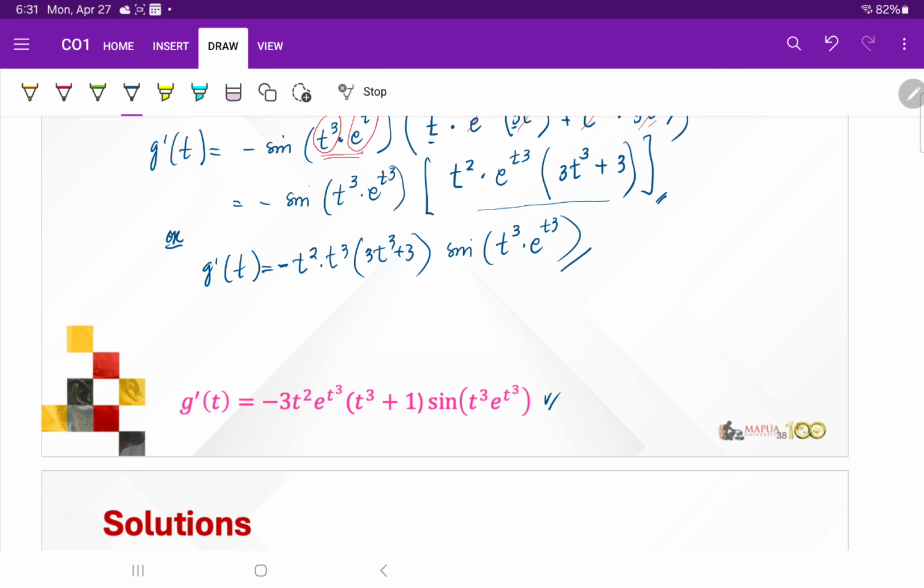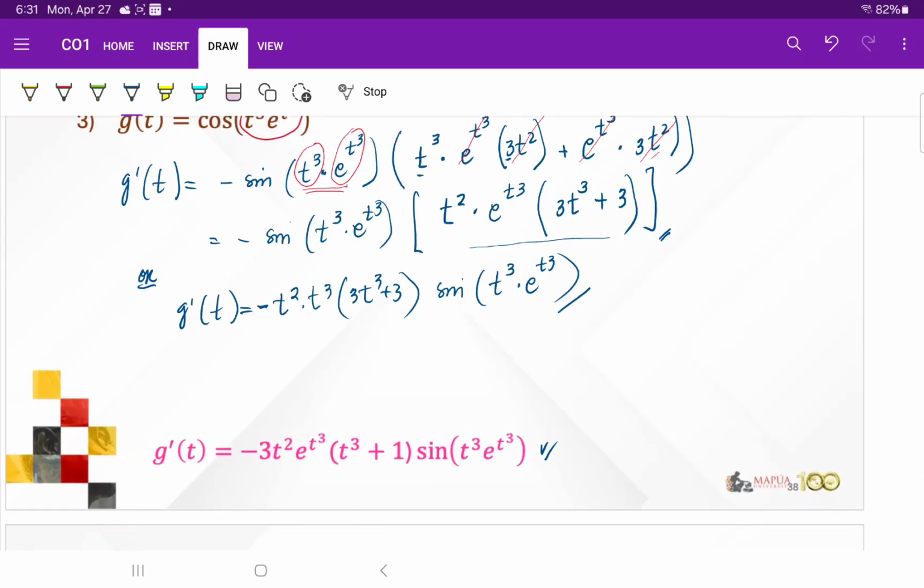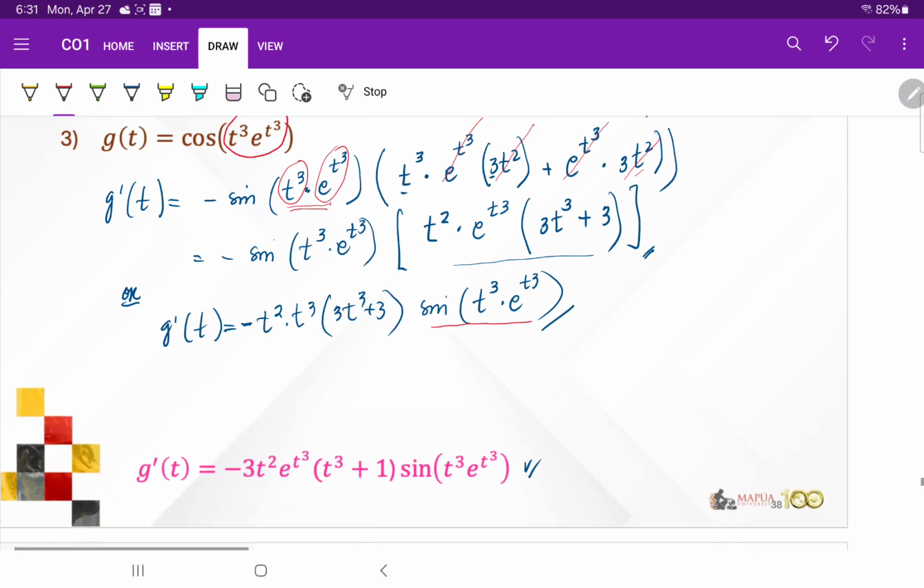How about here, 3t cubed, 3t squared, hold on. We should get the same answer. So this is sine, we're done with this. We have sine of t cubed e to the t cubed. And then we have 3, because here we still can factor this out.